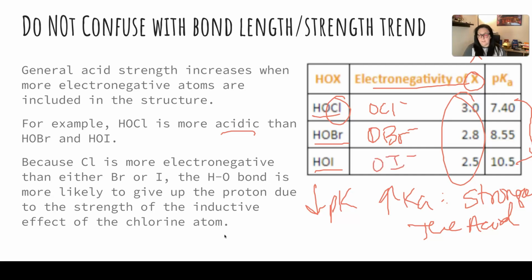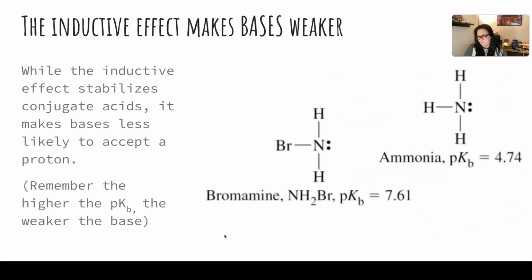Okay? This guy has a higher electronegativity. So because he has a higher electronegativity, he's able to maintain that negative charge. So that makes him stable. It's all about stability, you guys.